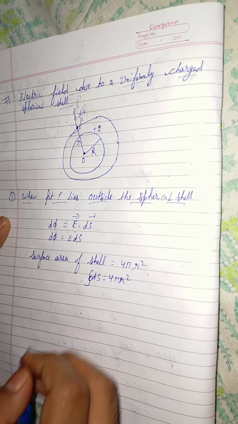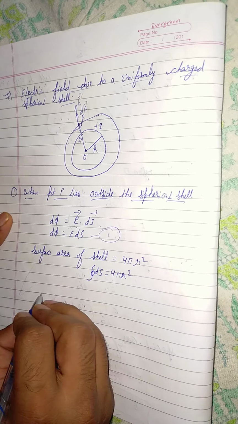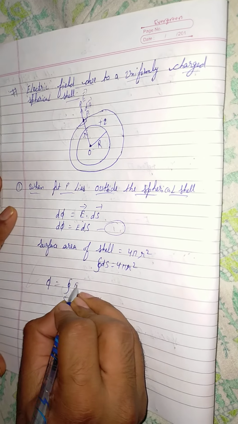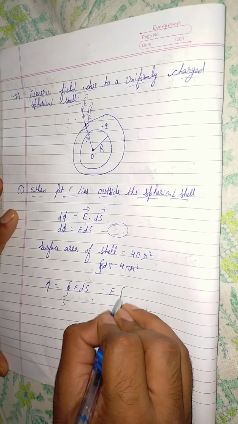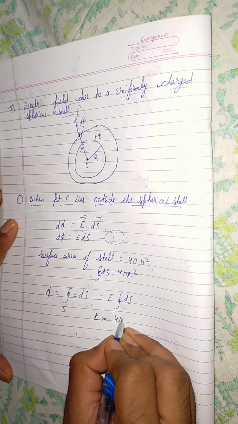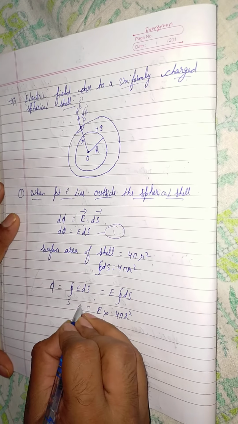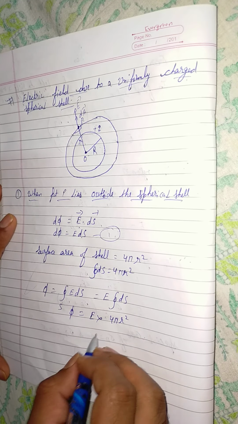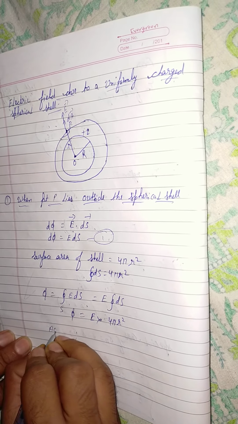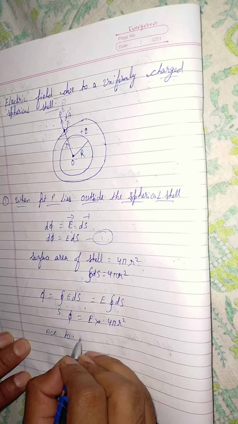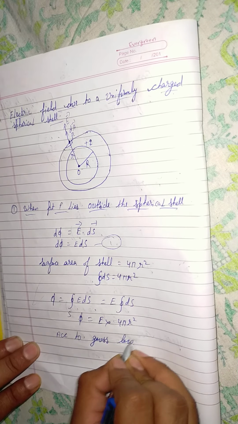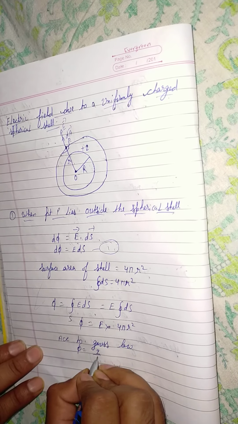For the whole surface, if you integrate the first expression, phi equals the surface integral of E ds. The electric field is constant, so E multiplied by the surface area 4 pi r square gives the electric flux. According to Gauss law, electric flux is equal to charge over epsilon naught.